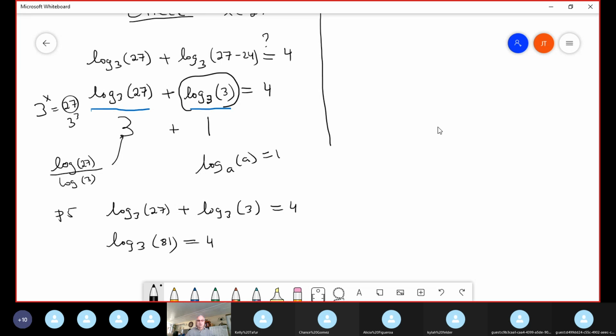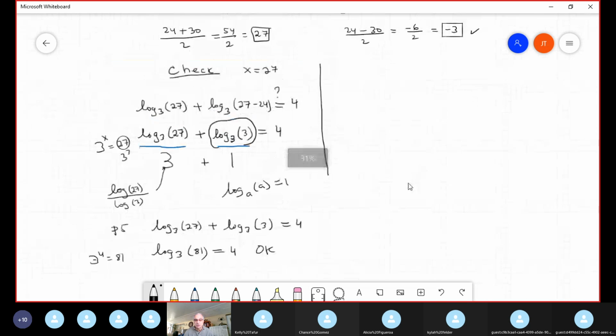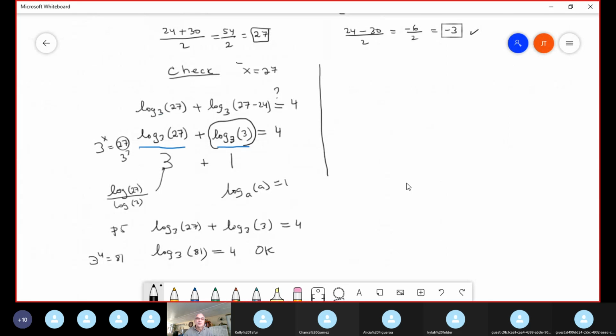You know that 3 to the 4 power is 81. Remember, in the middle of the process, you apply this idea. The confirmation is okay. The answer that we are checking, which is 27, is good.